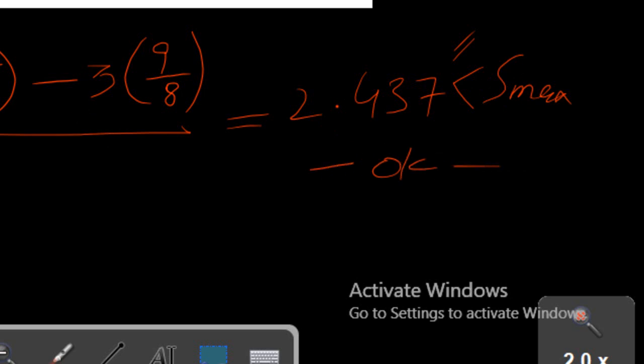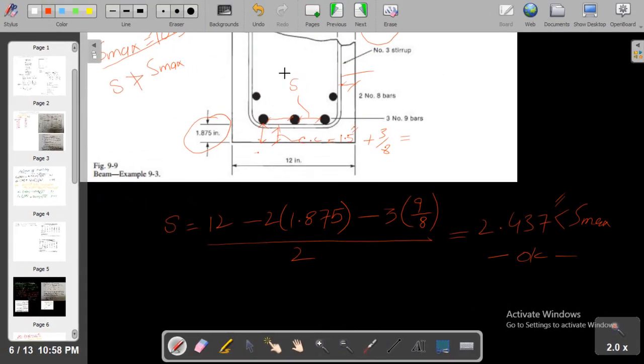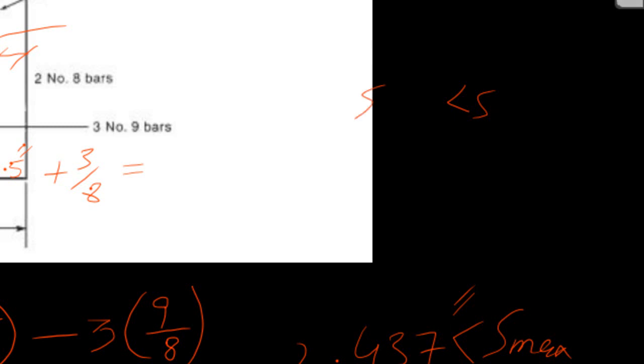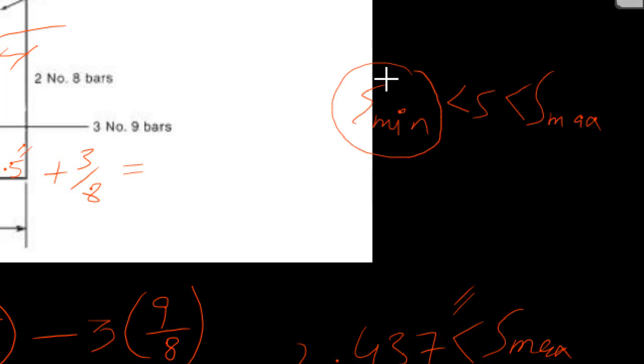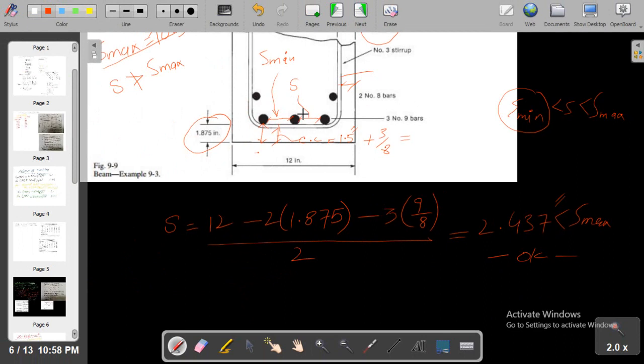Remember, there is some limitation: the spacing should be greater than S minimum and should be less than S max. So it is less than S max, but on the other hand, we have to check in the coming lectures what the S minimum should be, the minimum value of the spacing.